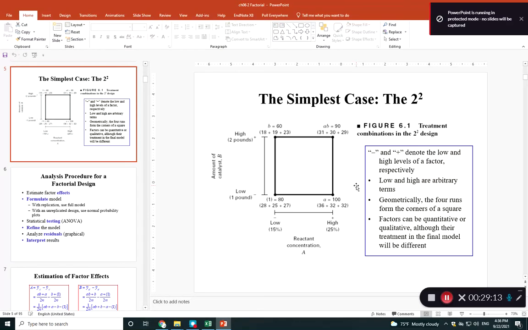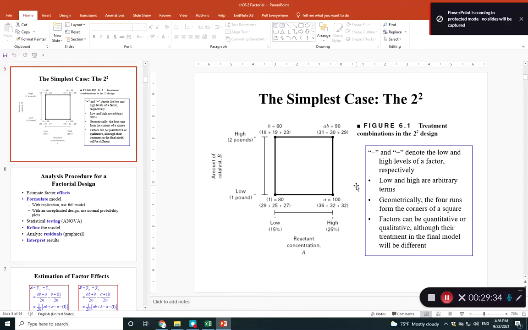How many degrees of freedom in ANOVA for main effect A? How many? Come on. 1. Yep.